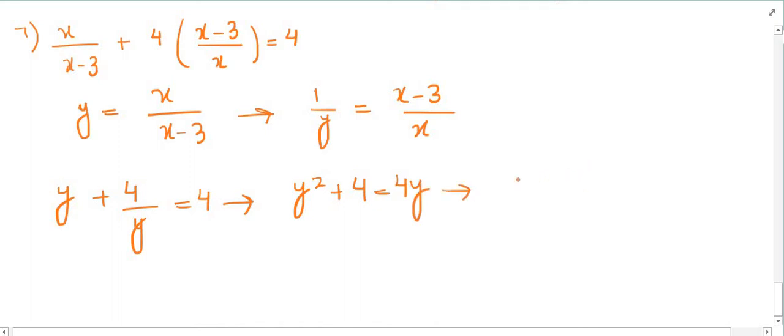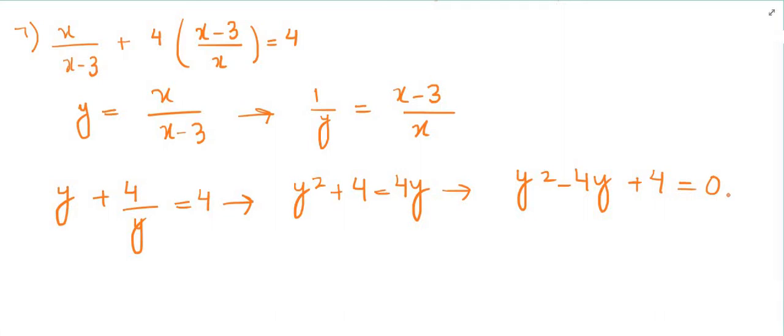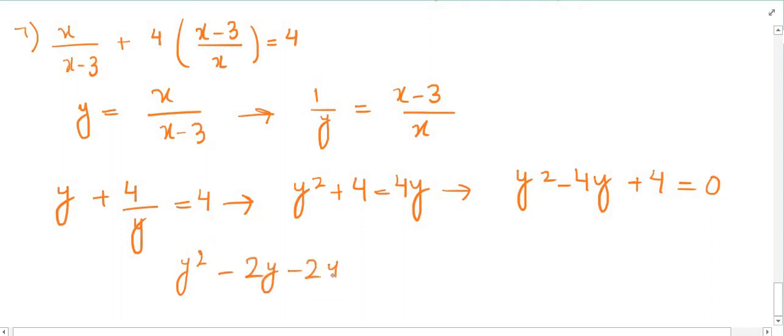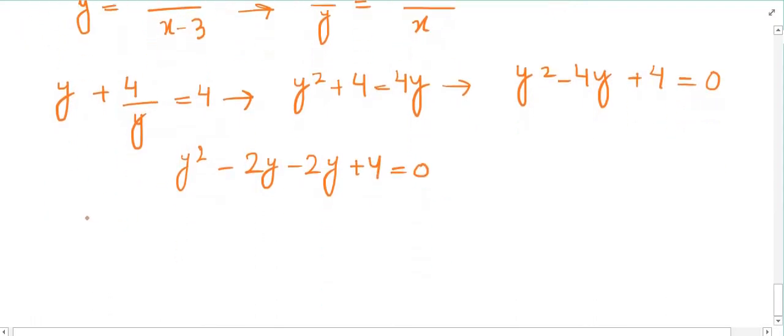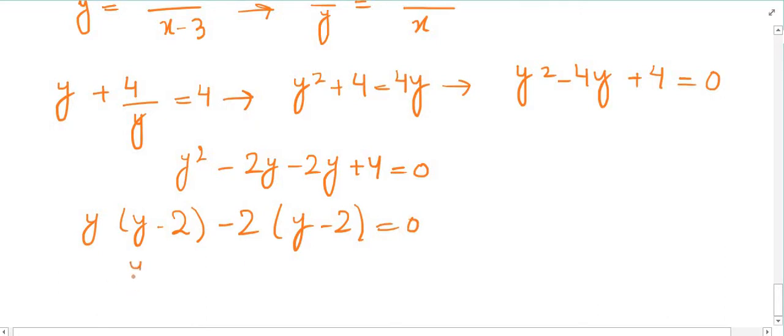Then it becomes y squared plus 4 equals 4y. This is y squared minus 4y plus 4 equals 0. Now make the factors. There is a 4. You can make factors as 2, minus 2, minus 2. This becomes y squared minus 2y minus 2y plus 4 equals 0. This is (y minus 2)(y minus 2) equals 0. From there you will get y equals 2 and y equals 2.